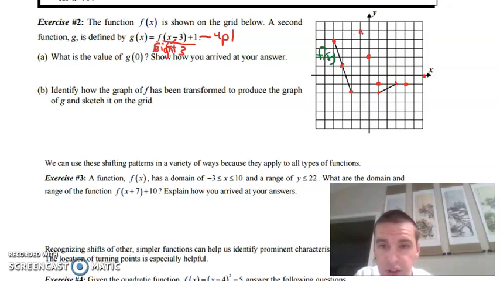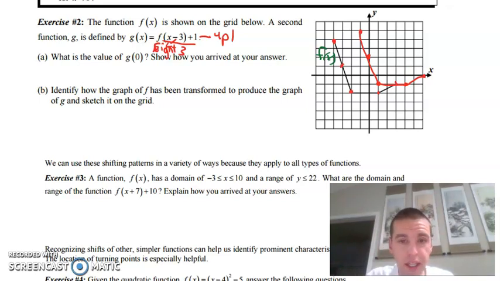And when I go to regraph this, if it could be straight, it should look almost identical to the original function, just moved.